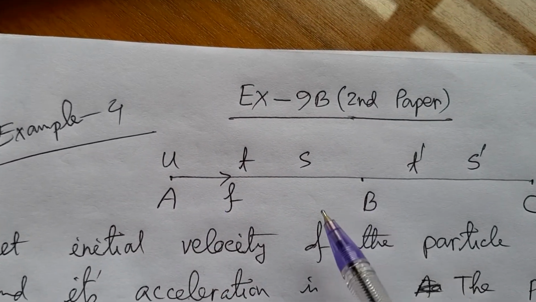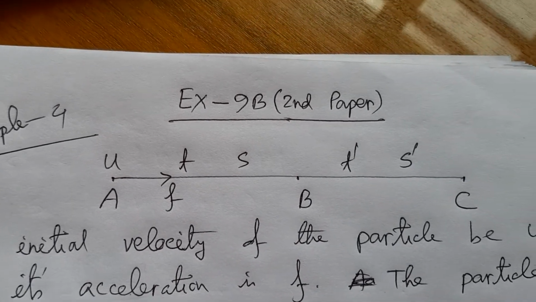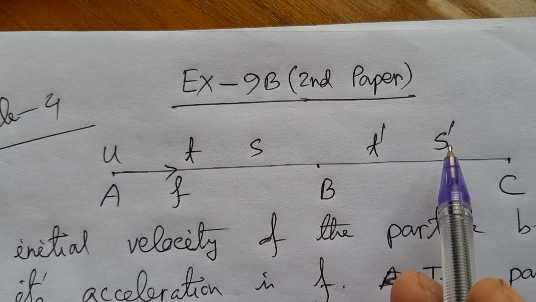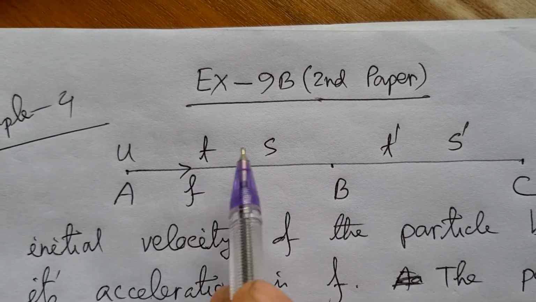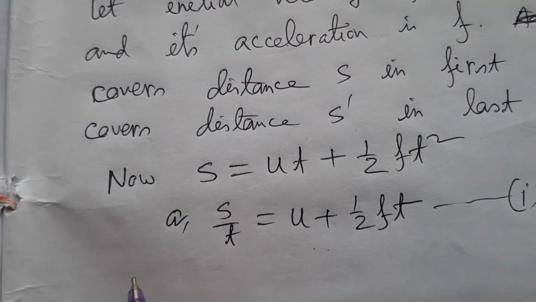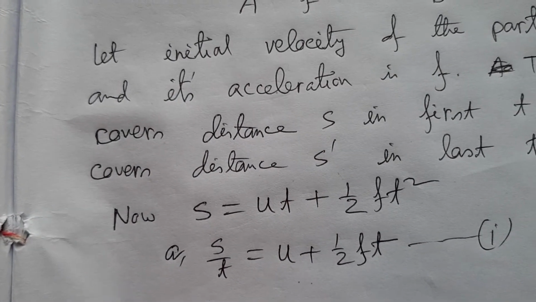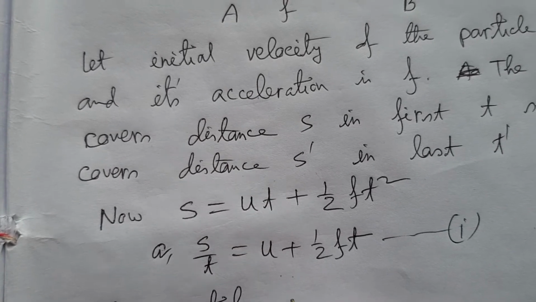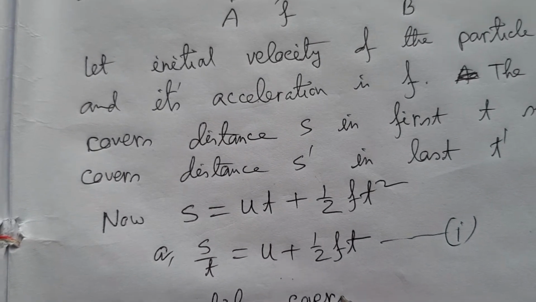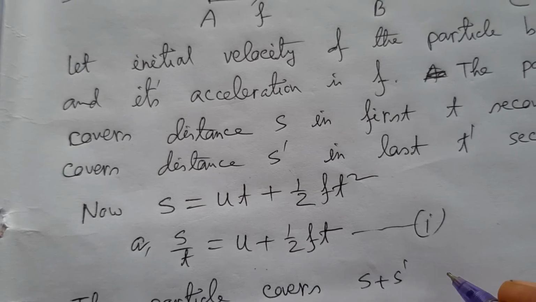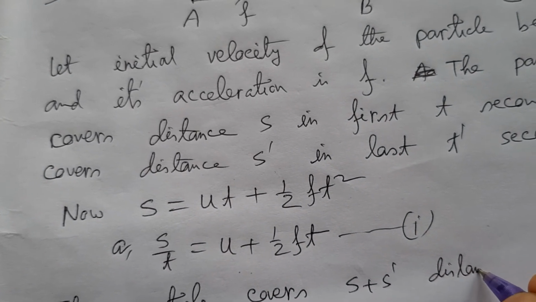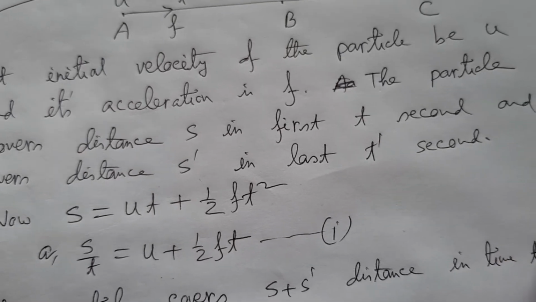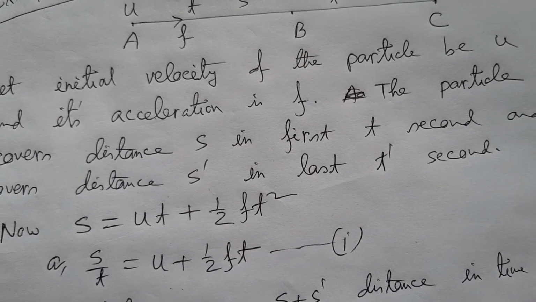So if we apply the formula for the whole distance, that is s plus s prime, the total required time is t plus t prime. So now we can write that the particle covers s plus s prime distance in time t plus t prime.